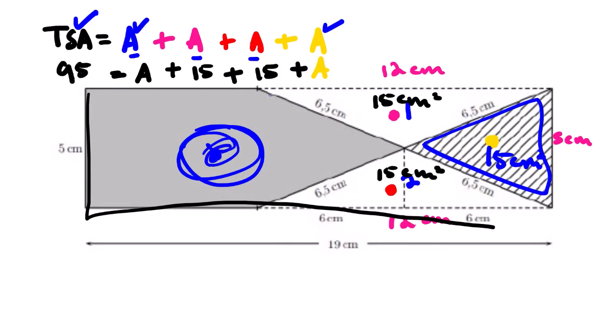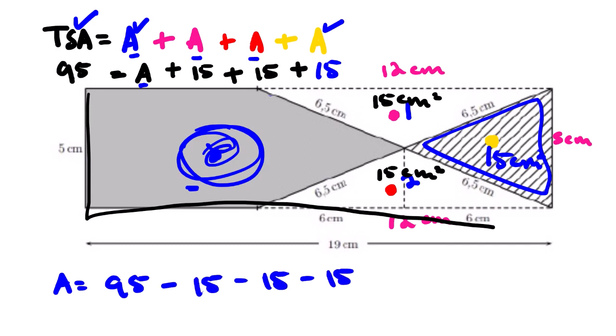In order to get this one, we just have to take the total minus all the areas that we have. Here we also have 15. So we transpose, we have A for this one. We transpose everything to the other side: 95 minus 15 minus 15 minus 15. We get that the area of the shaded part is actually 50 centimeters squared.